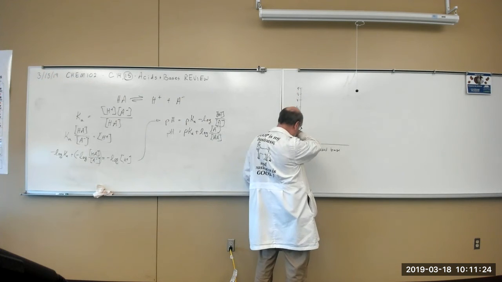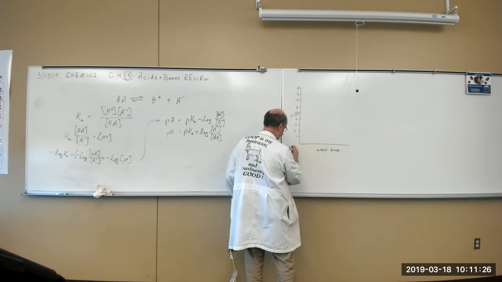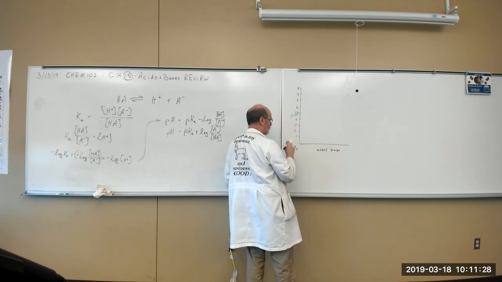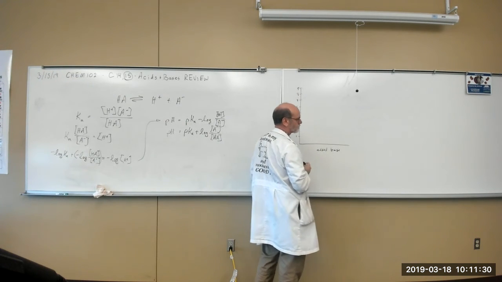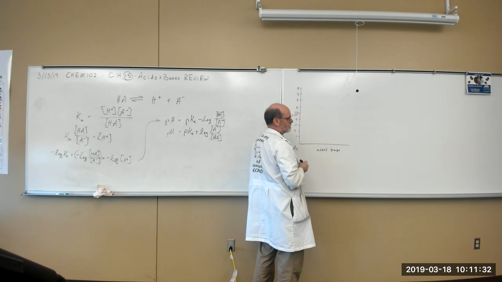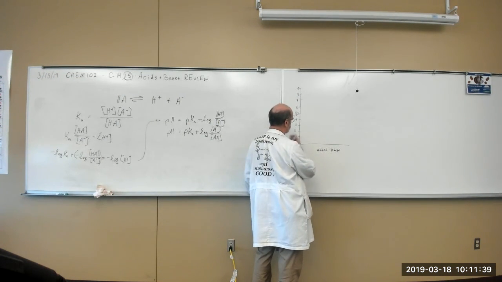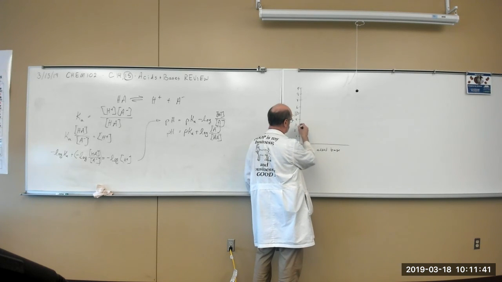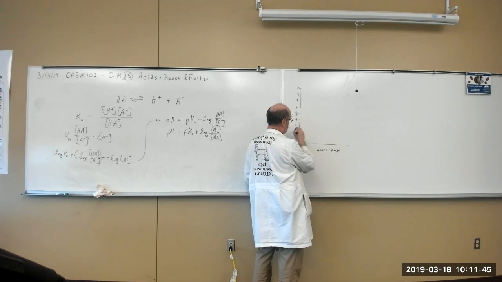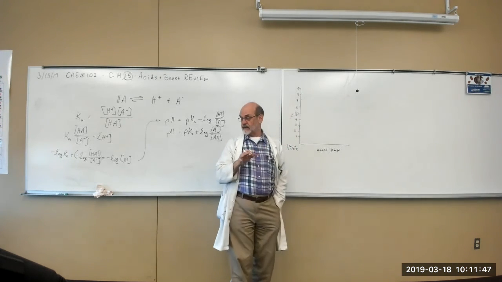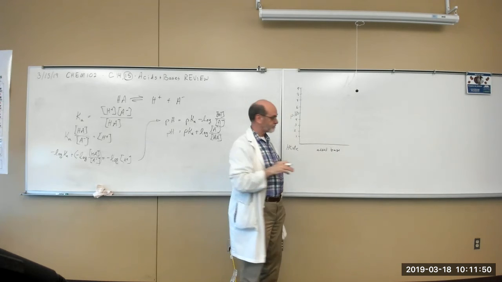So for acetic acid, you're going to start out at about, I think it's in the neighborhood of 2.8 or 3, right in here. There's nothing but acetic acid in your solution.